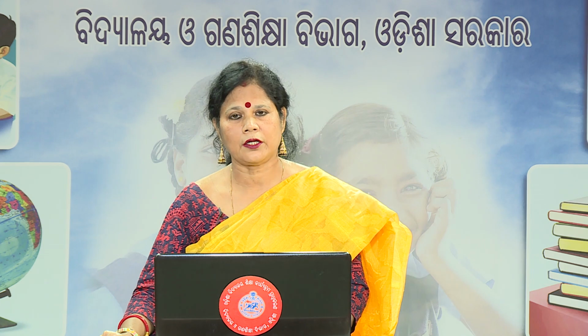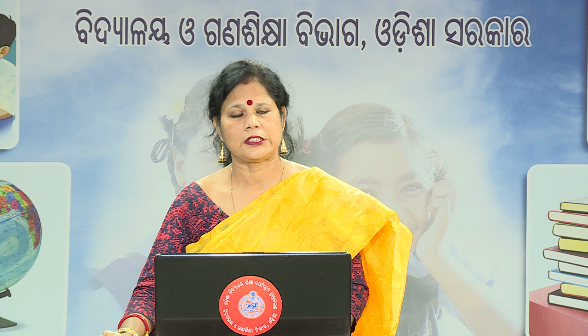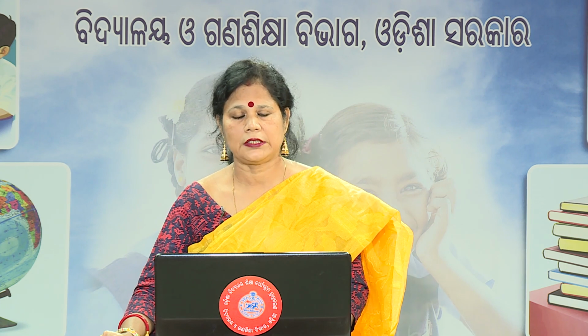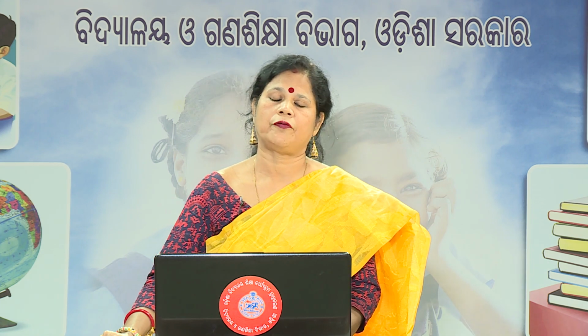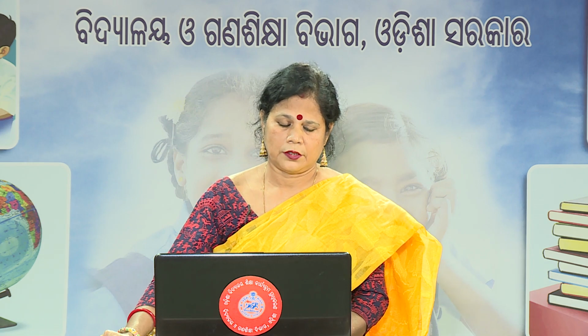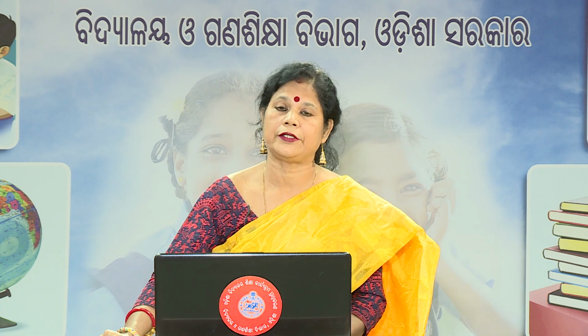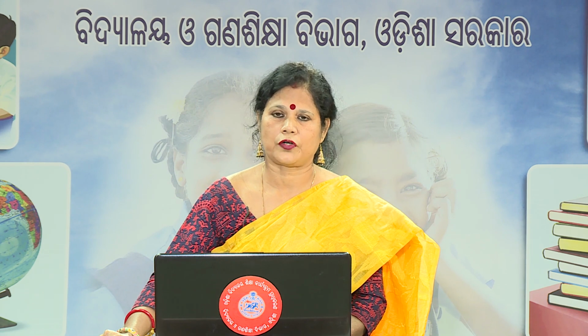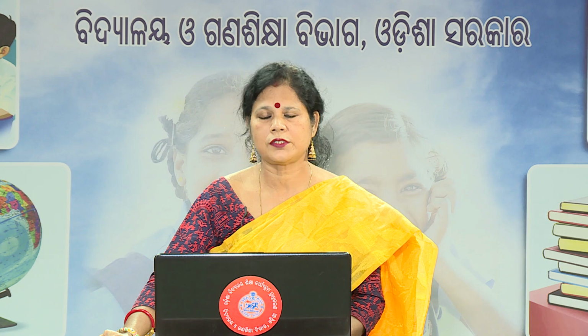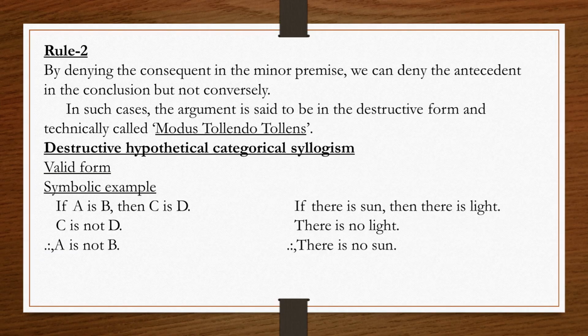We denied the consequent, then we denied the antecedent. This is a valid form of the destructive form, and this is known as modus tollendo tollens.